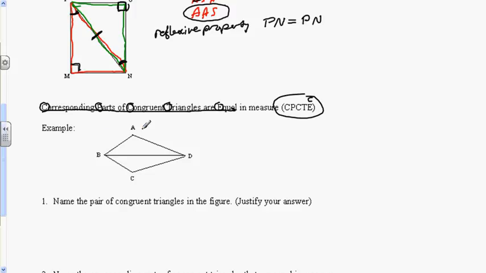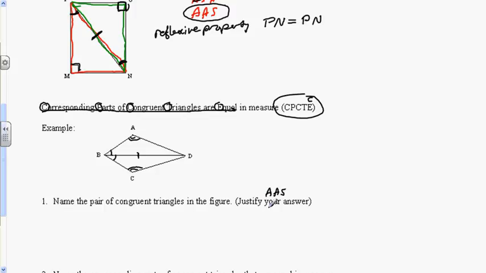Sorry about that. Now, next example here, I'm going to show you that you have this angle equal to this one, and this angle equal to this one. Now, is that enough to show congruency? Well, again, they share this side, so this would give you angle angle side, which is enough to show congruency.